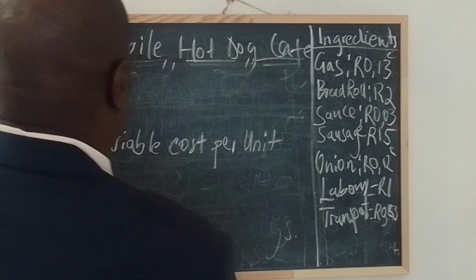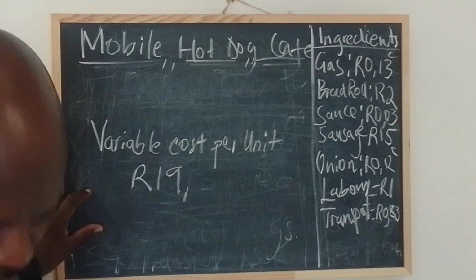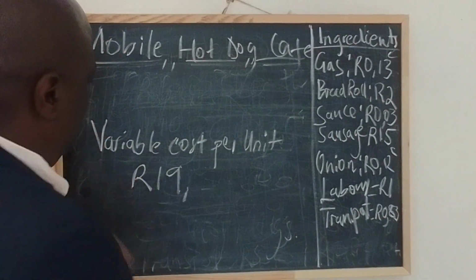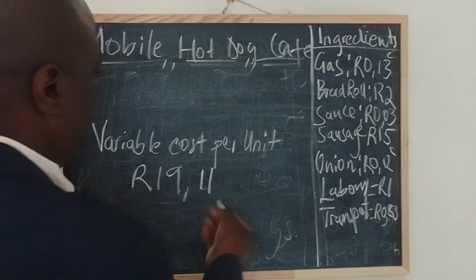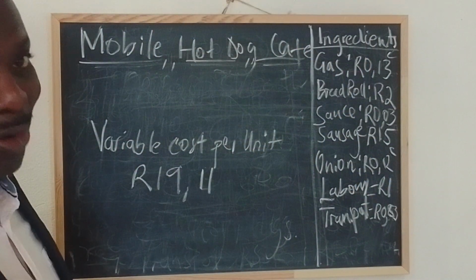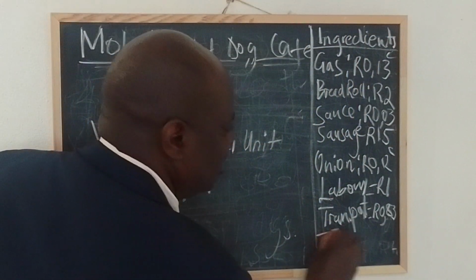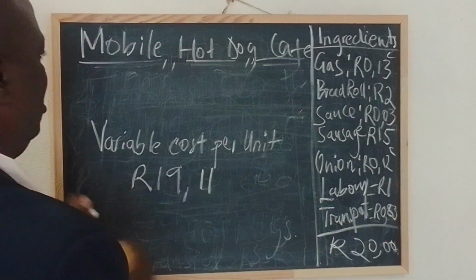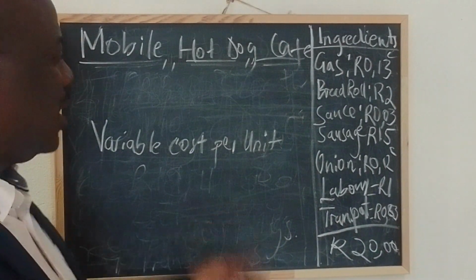It is giving me 19 rands 11 cents. And yeah, it's fine. Some prefer to round it up. In costing, we don't round off the cost, we round up. Some would say, I'm just going to say it costs me 20 rands, round up. So we can round up as well and say the variable cost per unit is 20 rands.